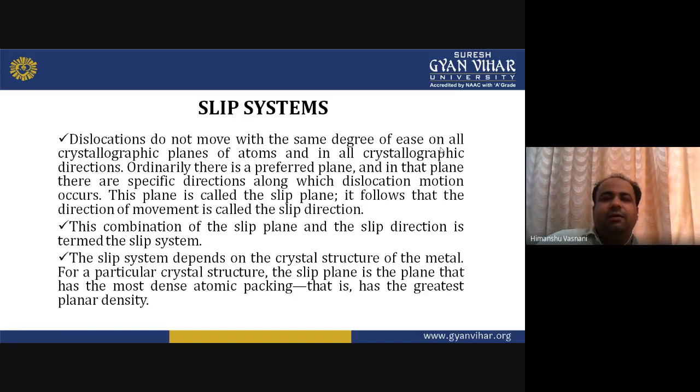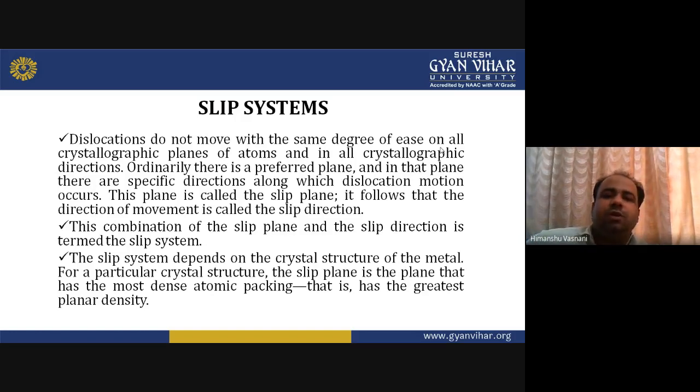What happens if you have a crystal is that there is some degree of movement, and normally they have a preferred plane in which this dislocation takes place. That is called the slip plane, in which dislocation motion happens, and the direction of movement in which this plane moves is called the slip direction.